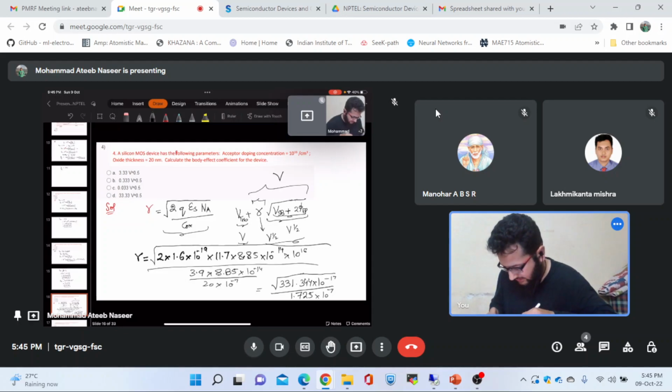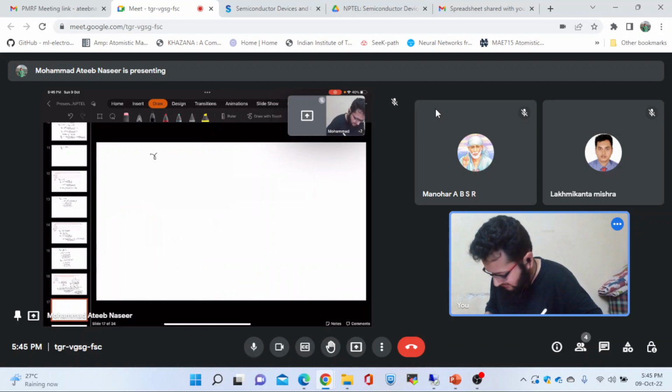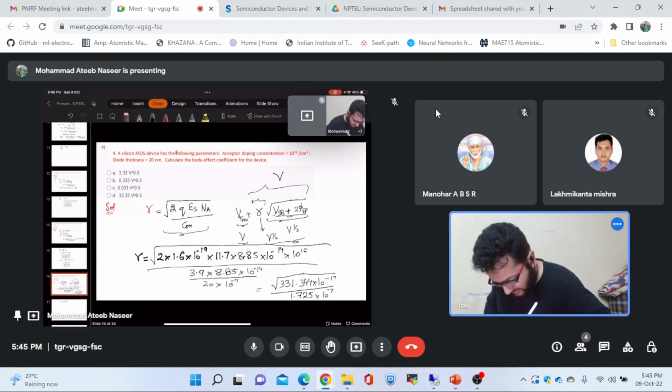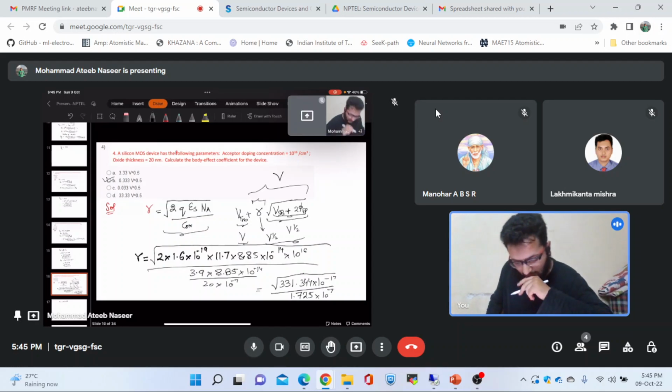It will be equal to 0.333 volt to the half. So option B is matching our calculation. We got this option correct.